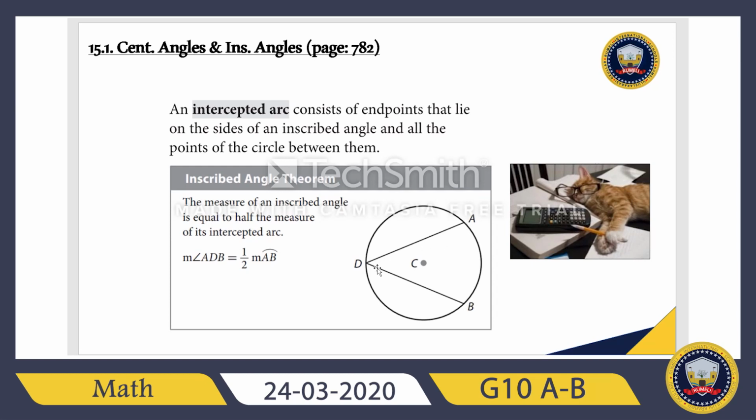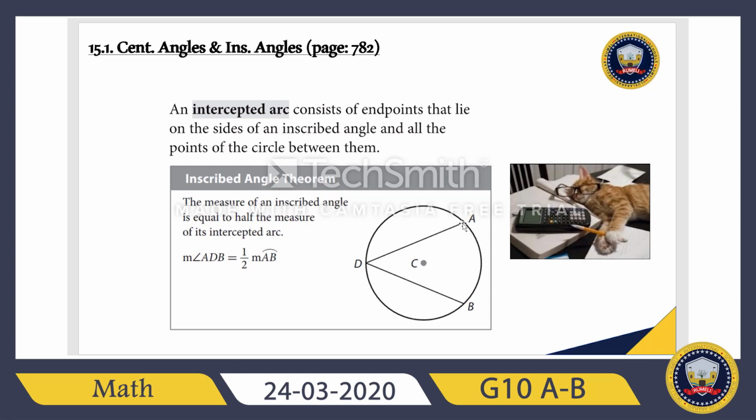So if this angle here is 40, the measure of my arc will be double that, which is 80. So the measure of angle ADB equals half of the measure of the arc AB.